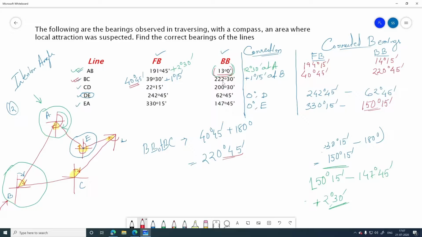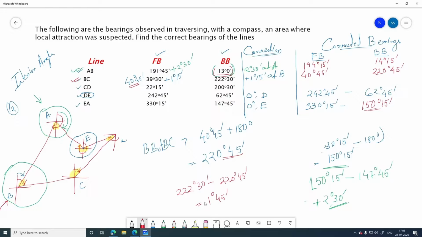But here you can see it is 222 degree 30 minutes. So what is the extra value given here? That is 222 degree 30 minutes minus 220 degree 45 minutes. So the value after subtraction will be 1 degree 45 minutes.